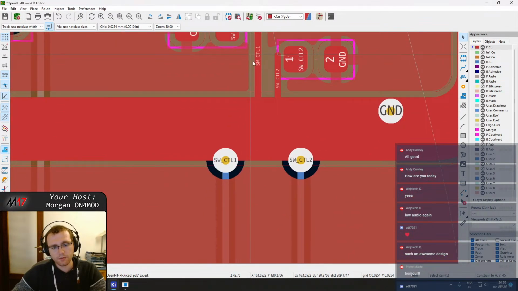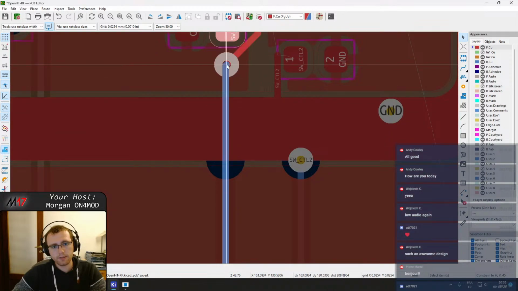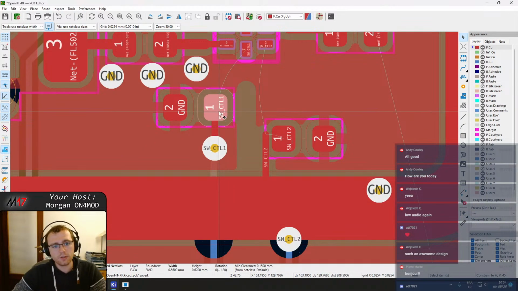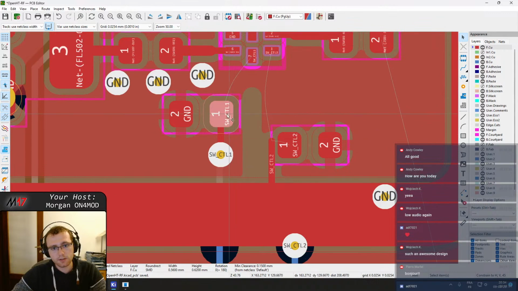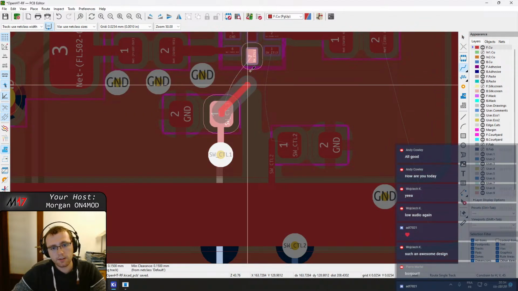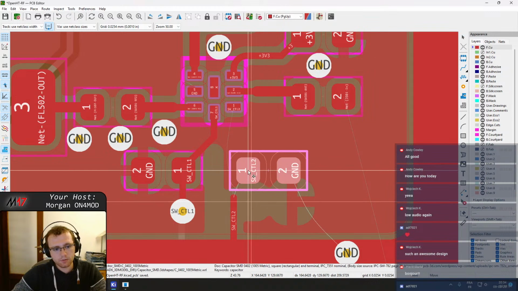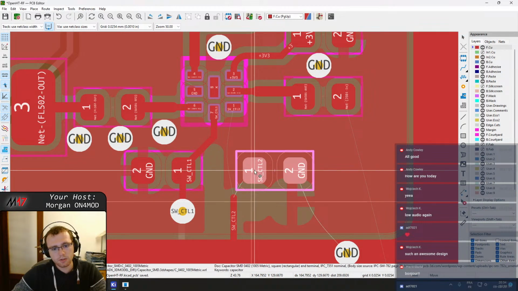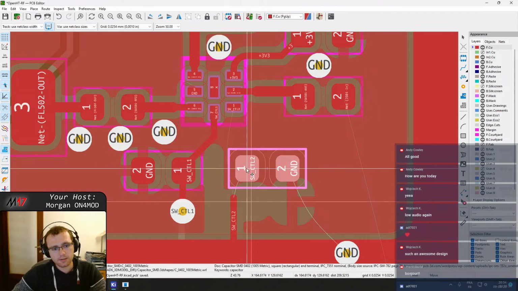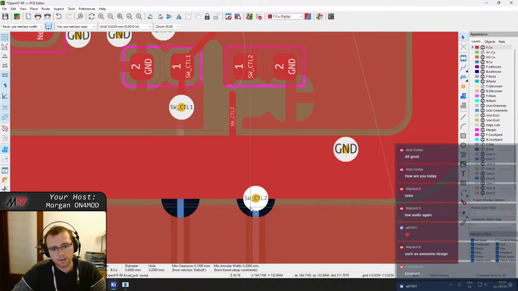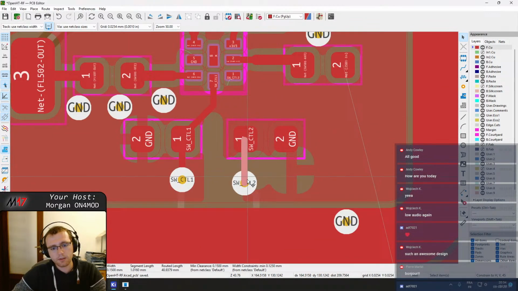But now I have plenty of room to place this via right here and route the switch control signal just as... yeah, okay, it's perfect. This gap needs to go here. Okay, like this. Okay, perfect.